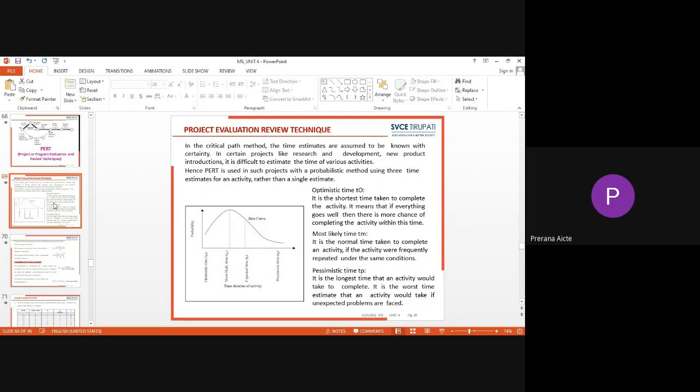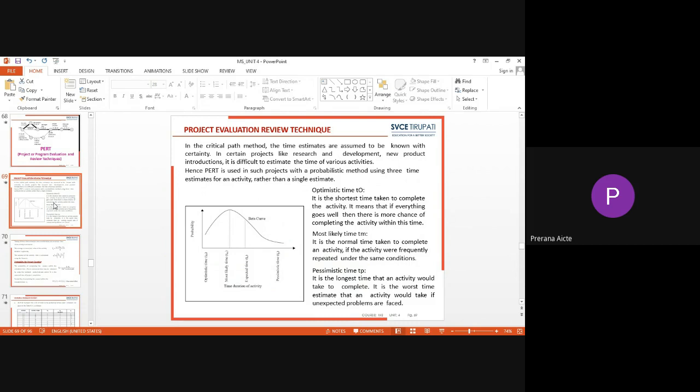So based on the beta distribution, the three time estimates are known as the optimistic time TO, the most likely time TM, and the pessimistic time TP. Optimistic time is the shortest time taken to complete the activity, which also means that if everything goes well, then there is more chance of completing the activity within this time.